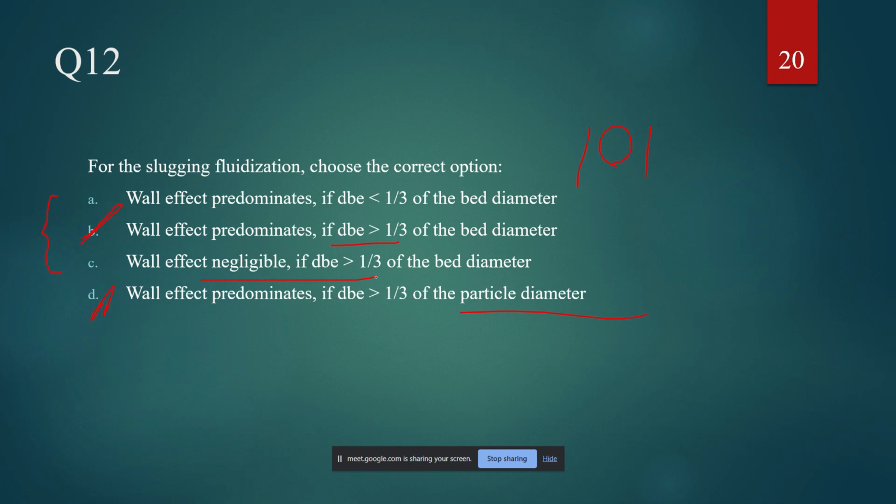So the answer to this particular question is option B. Wall effect predominates if dBE is greater than 1 by 3 of the bed diameter. Think again. We'll discuss if you have any doubts, or else we'll continue with the next question.